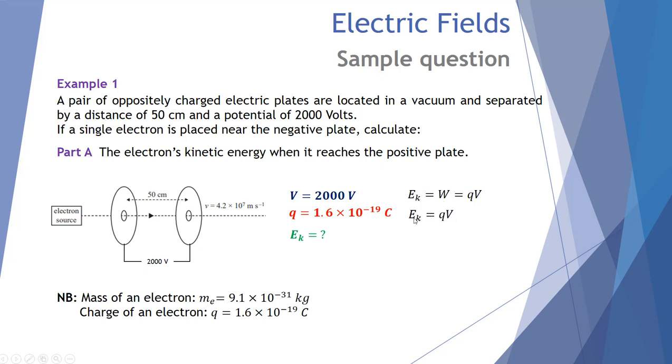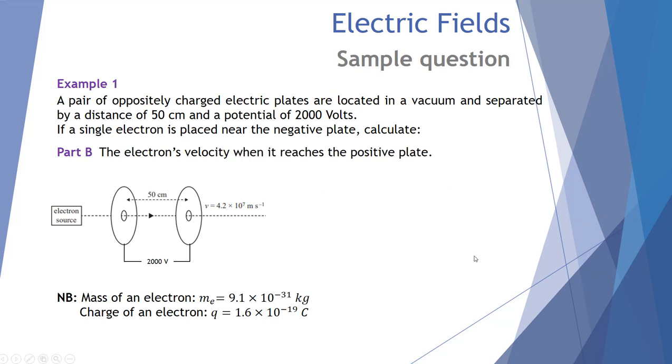So we can work out the kinetic energy of an electron as it's being accelerated between two plates of a potential difference by using the equation EK equals QV. I've color-coded these. EK is our question. Q, the charge, was 1.6 × 10⁻¹⁹ coulombs, and V, our voltage, was 2000 volts. If I multiply the two together, I end up with a kinetic energy of 3.2 × 10⁻¹⁶ joules.